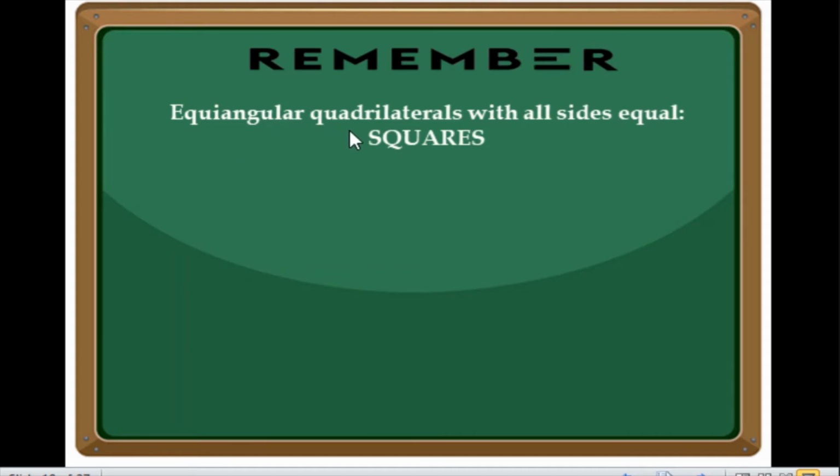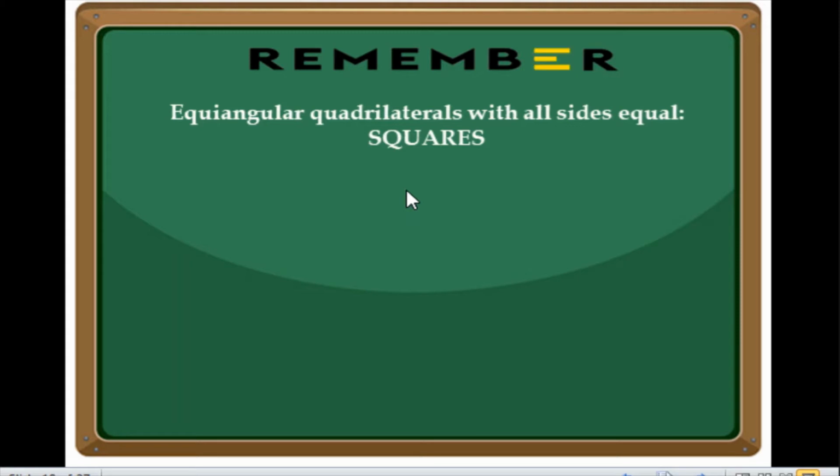Equiangular quadrilaterals with all sides that are equal are what we call squares. Can you repeat after me? Squares.